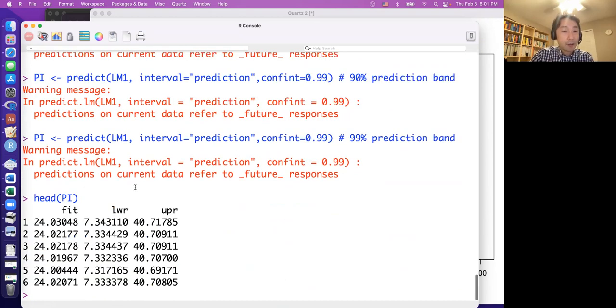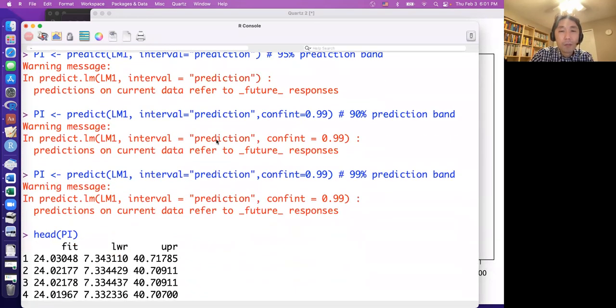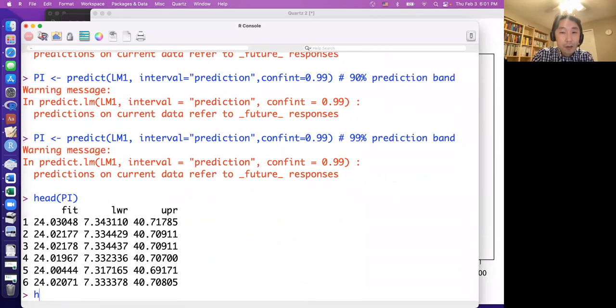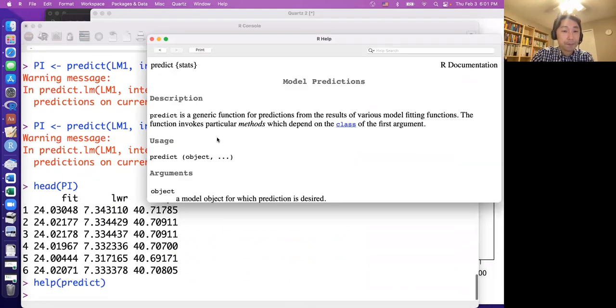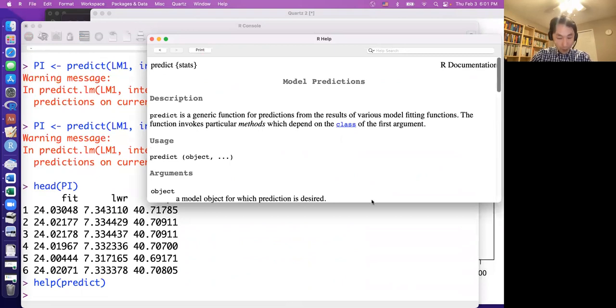You can see that now we have changed it to 99.